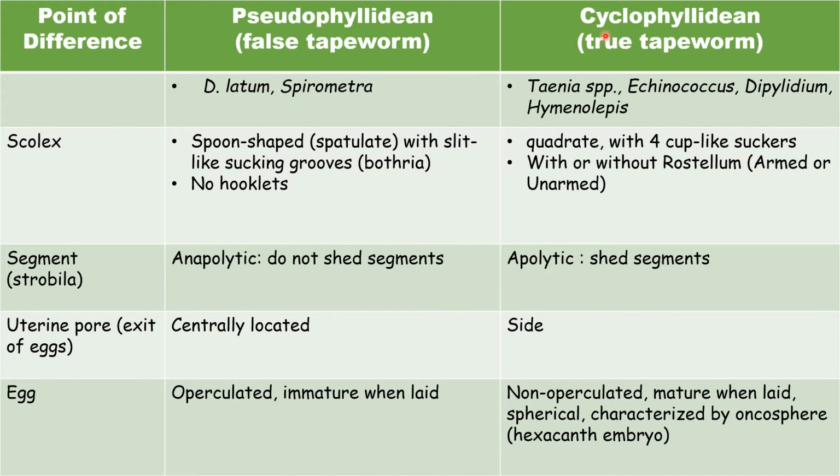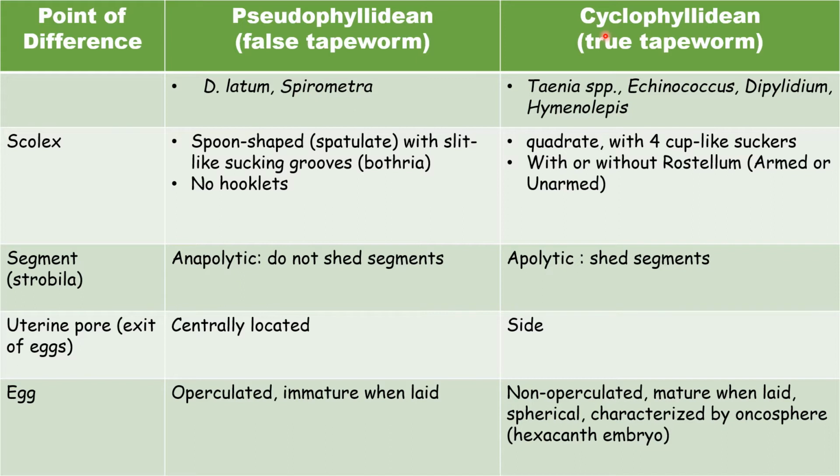Okay guys, so the operculum acts as a passageway for the larvae. So for the Pseudophyllidea, it is operculated. Later on, when it matures and embryonates, the larvae come out.